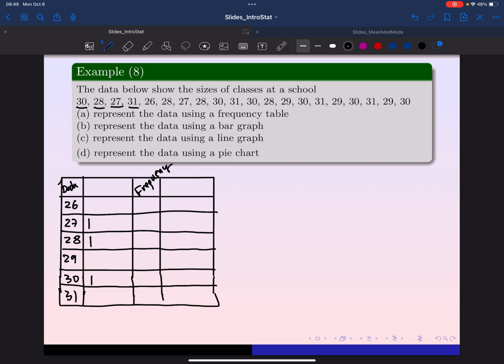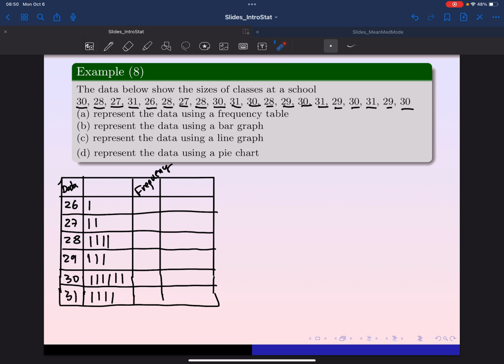Then we have 31, then 26, then 28, 27, 28 again, 30, 31, 30 again, 28, 29, 30, 31, 29, 30, 31, 29, and 30 again.